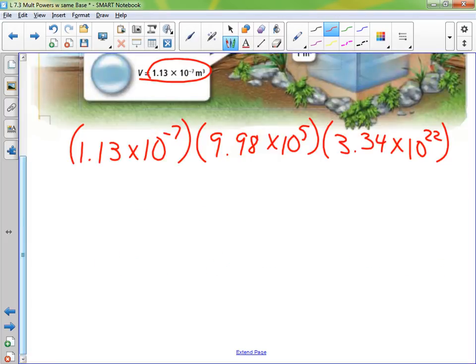So this problem now just says 1.13 times 10 to the negative 7th times 9.98 times 10 to the 5th times 3.34 times 10 to the 22nd.